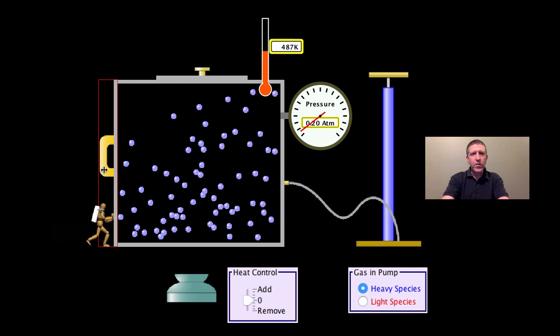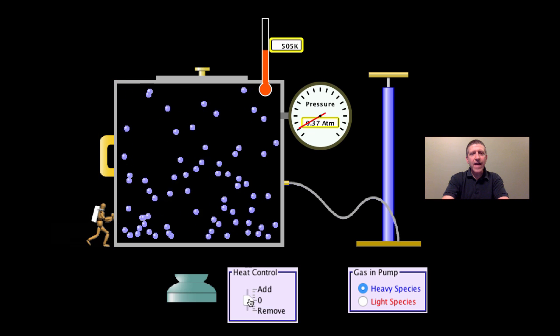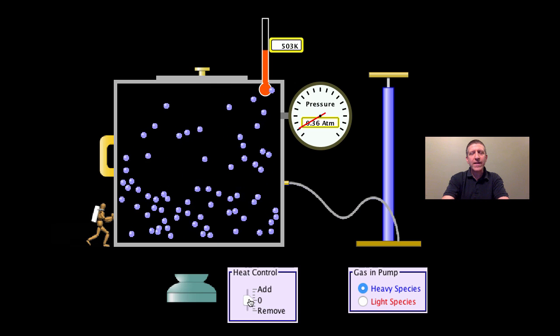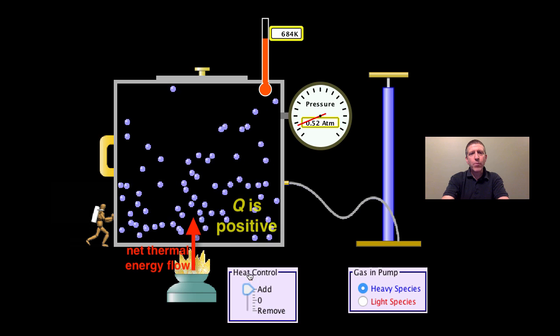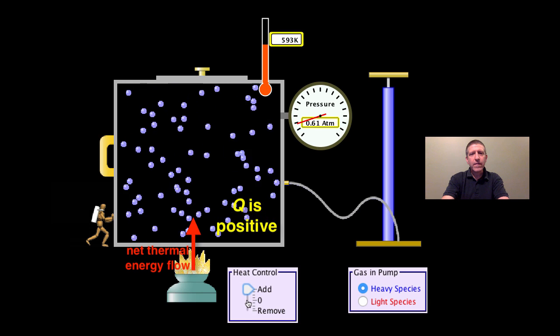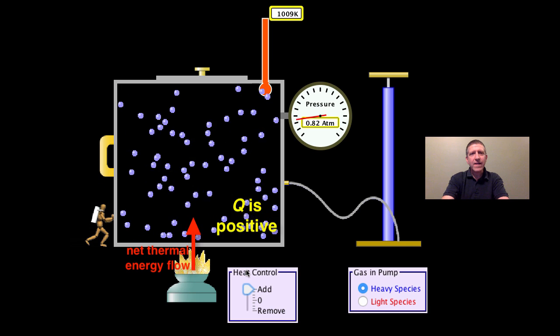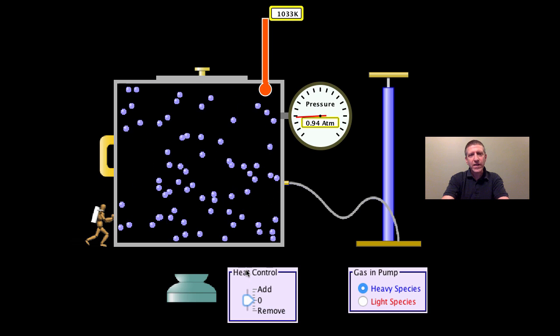Now the other way that you can add energy to the gas is by adding heat. The environment can add heat by putting something very hot right next to it, for example, a burning gas. By putting this burning gas next to it, I can also add energy to it. Notice that the heat also adds kinetic energy to these molecules.